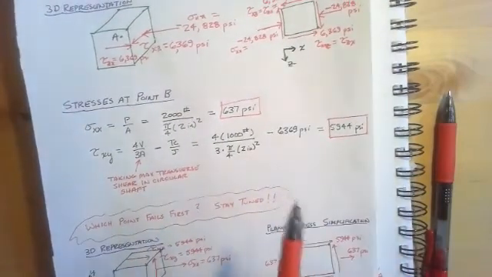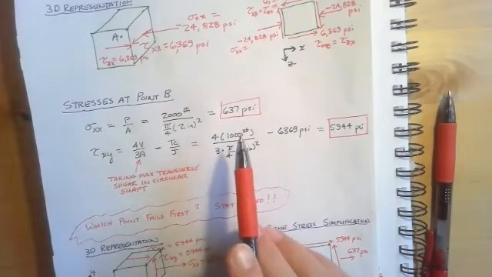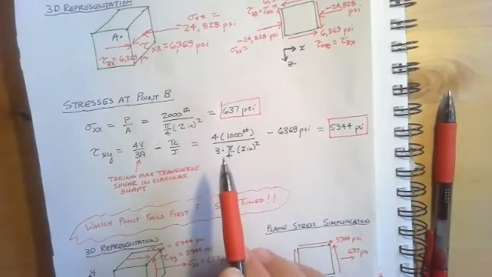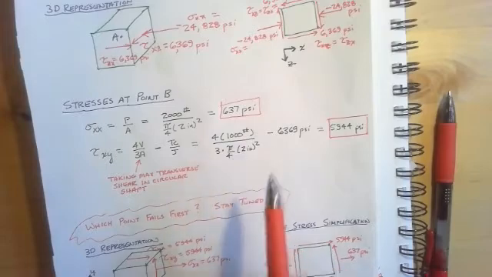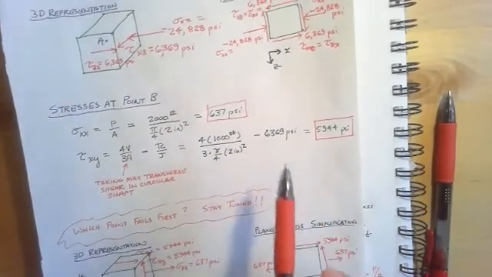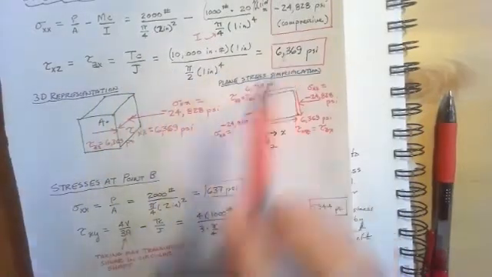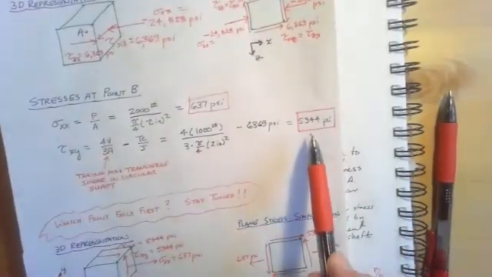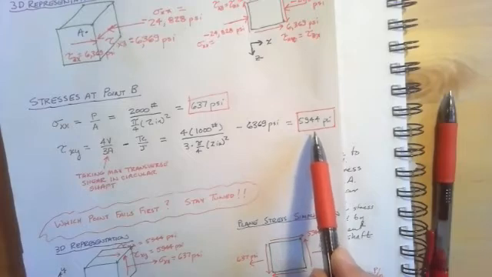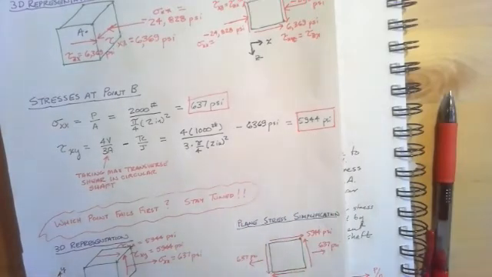So what we would have at this particular point is 4 times 1,000 pounds for 4V over 3A, 3 times pi over 4 times 2 inches squared, minus TC over J. Well, we computed that up here, 6,369 PSI, and that leaves us with 5,944 PSI.